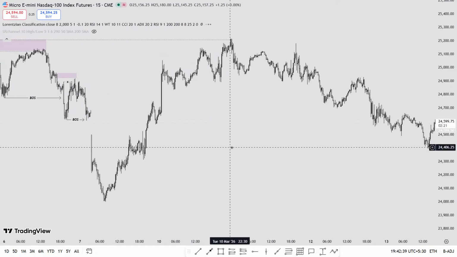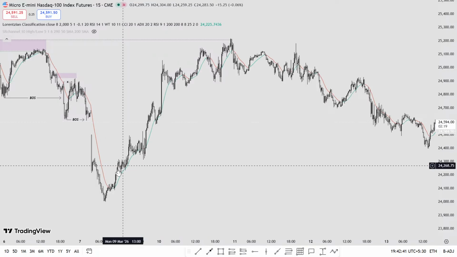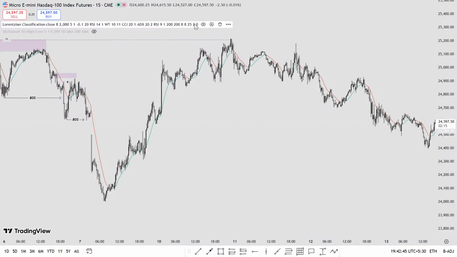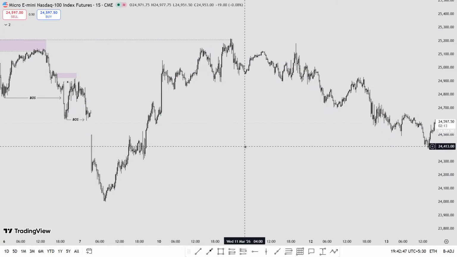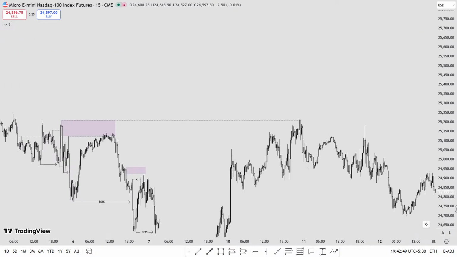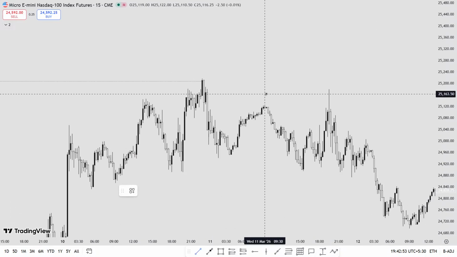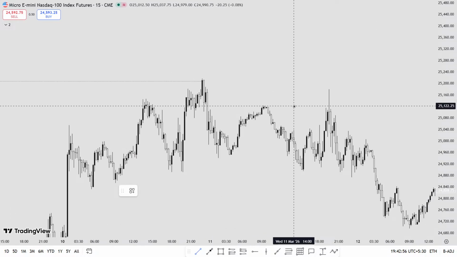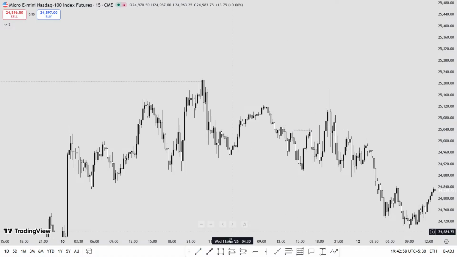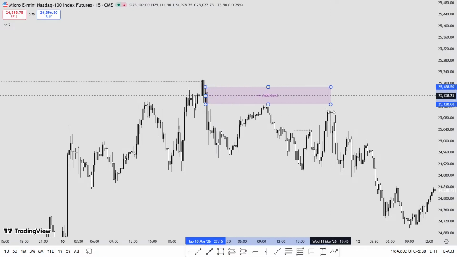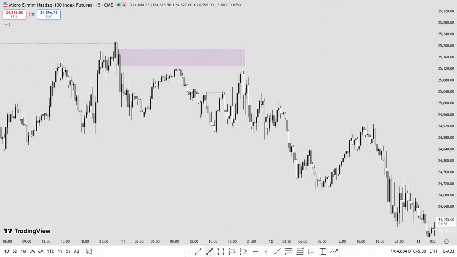If I enable this one, yep, as you can see how clearly and smoothly it gives the data. Again, after such kind of moves, same procedure: marking liquidity, finding POI, once it taps, then trade.